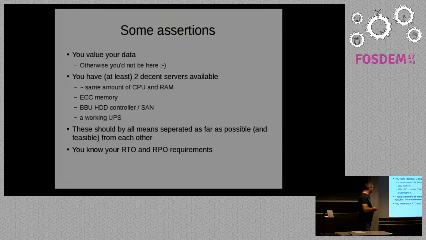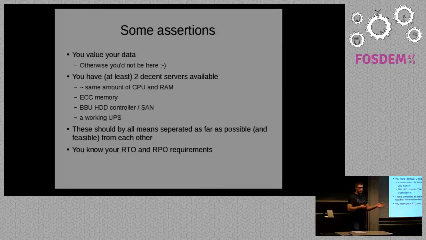The recovery point objective is to which point you have to be able to recover. So like you are allowed to lose the last 6 hours of users putting data in your database. Or maybe it's 2 minutes, or maybe it's 1 transaction, and so on and so on. Does it make sense? Okay, cool.